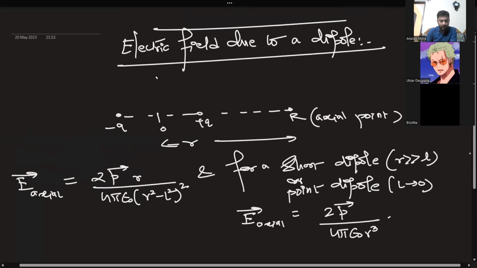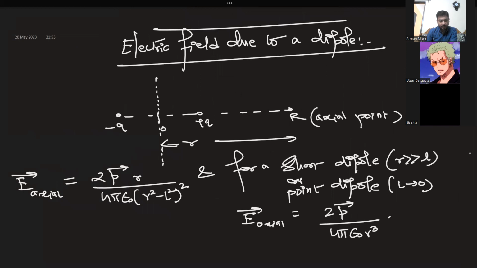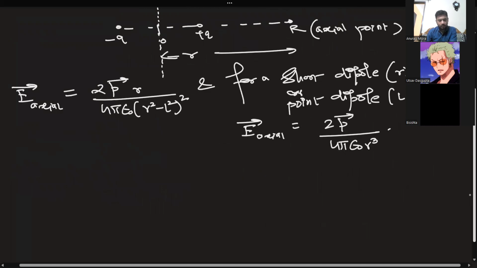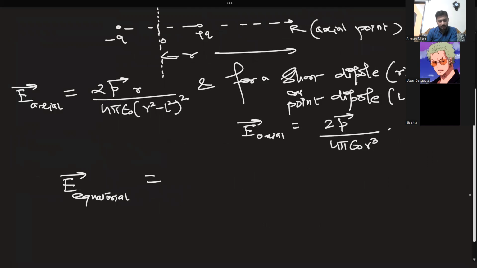On the other hand, if you take a point lying on the perpendicular bisector of the dipole, this point we call the equatorial point. So the formula for the electric field at an equatorial point is minus vector P by 4 pi epsilon naught times r square plus L square to the power 3 by 2.